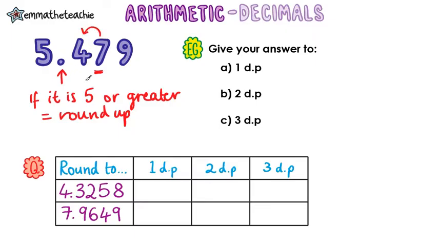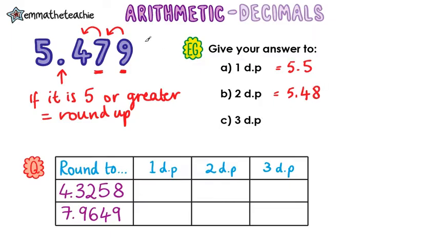So to 1 decimal point, this number is going to be 5.5. Okay, so for 2 decimal points, remember you always look at the number after. So for 2 decimal points, we're going to look at the 9. And the 9 is definitely greater than 5, so it's going to make the 7 round up and give us an 8. So to 2 decimal points, it's going to be 5.48.